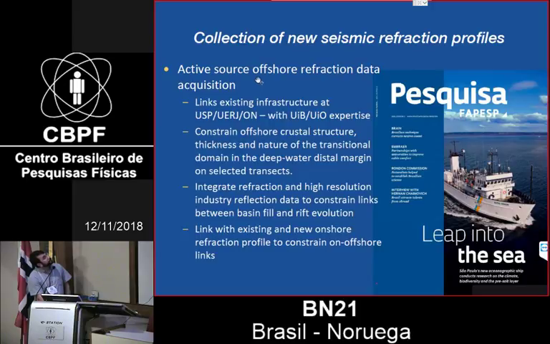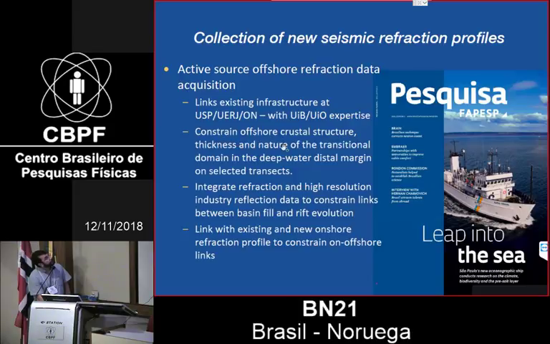So we can produce at the university offshore refraction data, and then we are going to use the infrastructure that is available to us, buy some new infrastructure, and have the help of the UIB and UIO expertise on the refraction data acquisition.